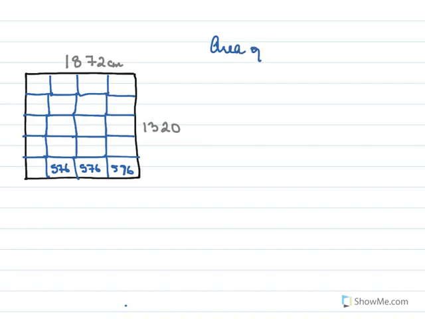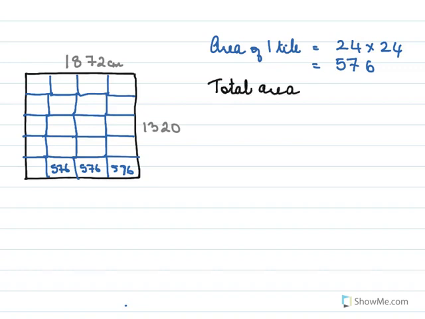So the area of one tile is 24 into 24, 576, and the total area of the courtyard we know is 1872 into 1320.